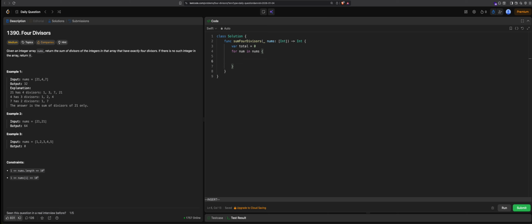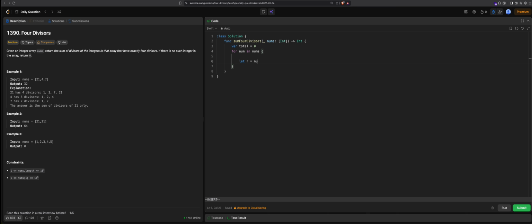Let's check for the possible divisors. Let's call it r, which is the square root of the number.